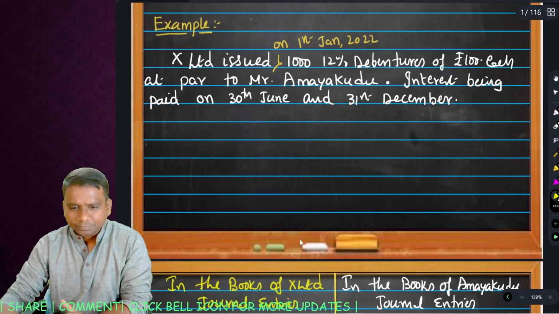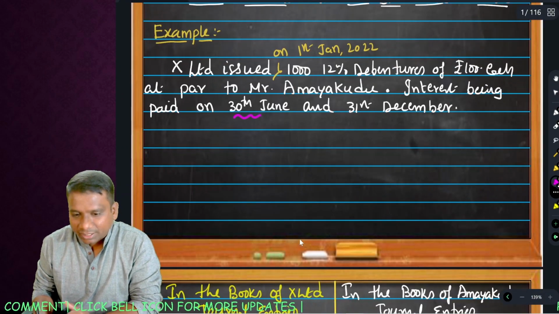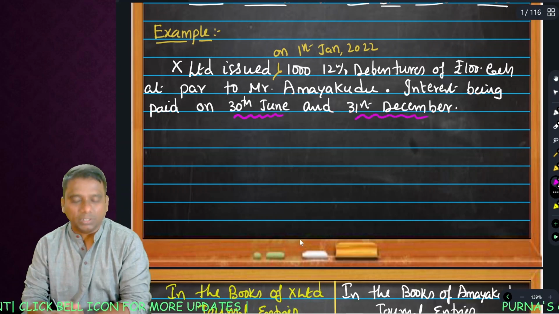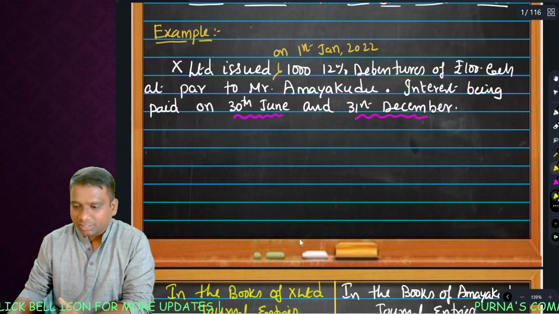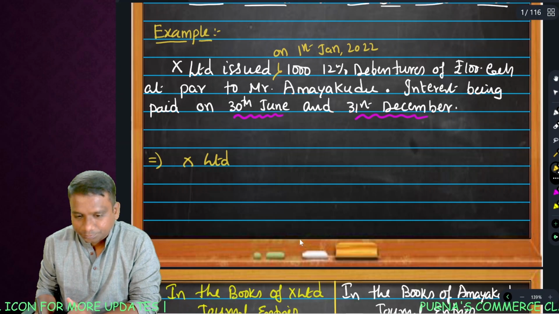Now go to the interest. Interest is paid on what dates? 30th June as well as 31st December. Let us understand.